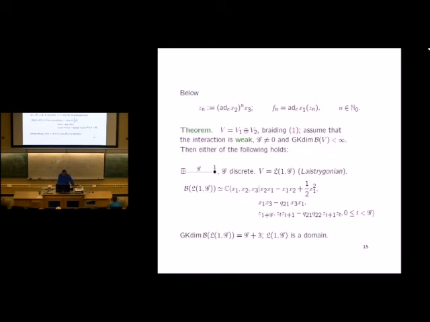And this we call the Lestrygonian algebra, and we denote it L of 1, G. The Gelfand-Kirillov dimension of this is G plus 3, and this is a domain. And essentially, in this theorem, this is the only domain that we have. And for the relations, we have some quadratic relations, but then we have relations of higher degree.